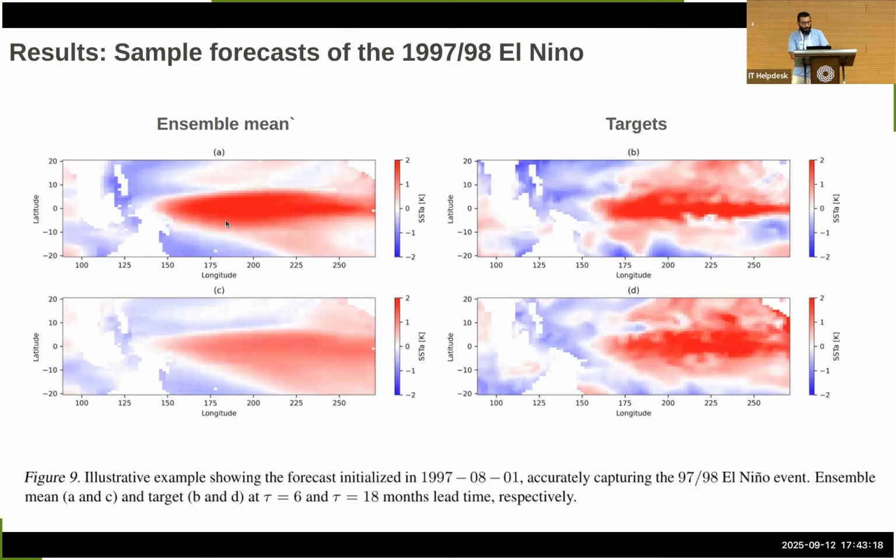On the left, you have the ensemble mean, and on the right, you have the targets. For 2 forecasts, the top one is at 6 months lead time, and the bottom one is at 18 months lead time. Although the ensemble mean is fairly blurred out and does not have these finer scale features, overall, it gets the broad pattern correct.